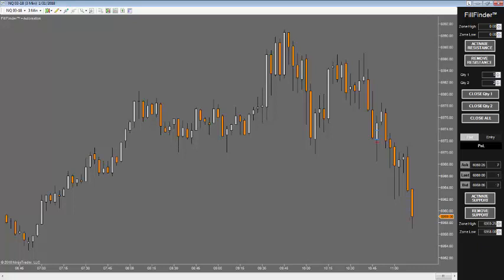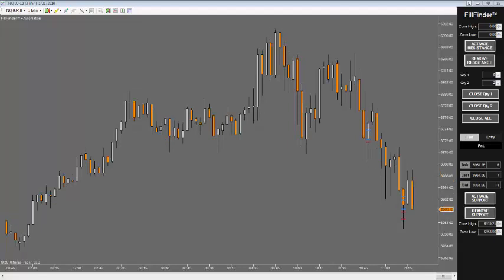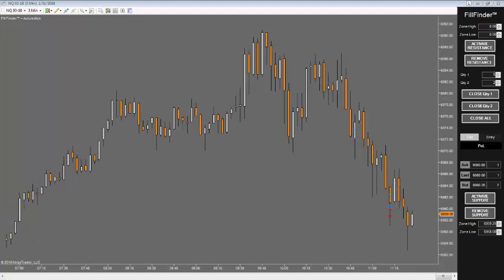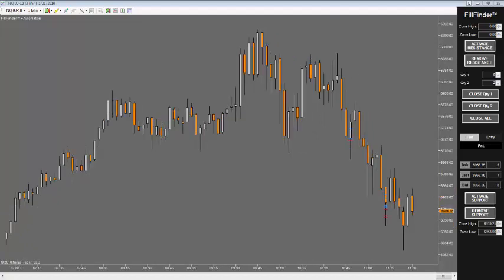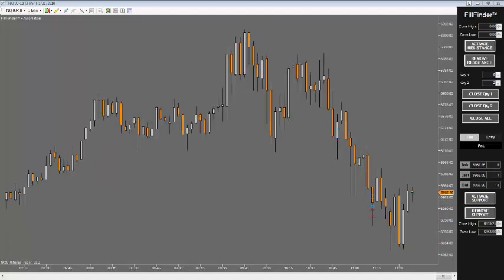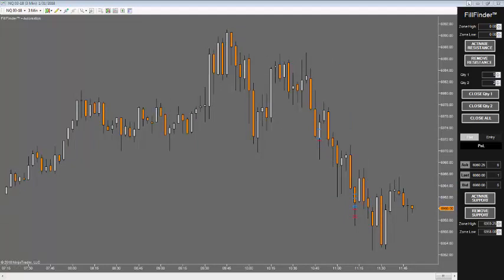starts around 11:45 a.m. Eastern, and so we'll just fast forward to about 11:45. And so far one trade, here's 11:48 a.m., so I'll go ahead and put in the zone.